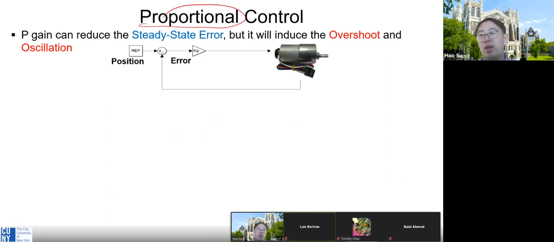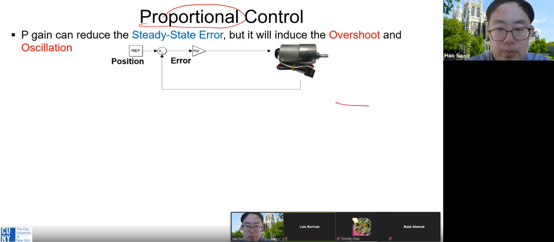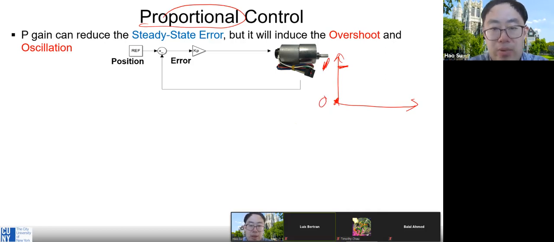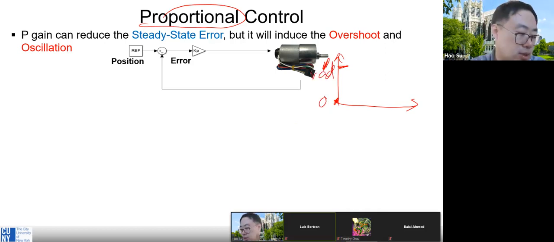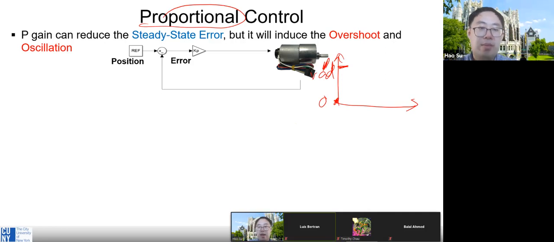Let's say we have a motor position whose initial position is 0, and we want to go to position 1, from 0 to 1, say 1 radian. This is the position tracking problem, right?